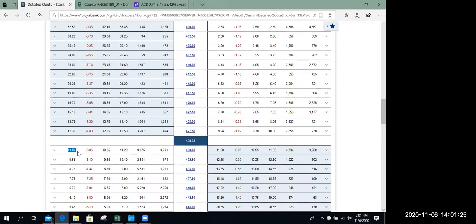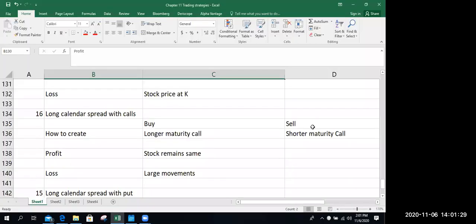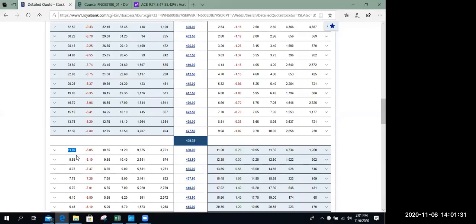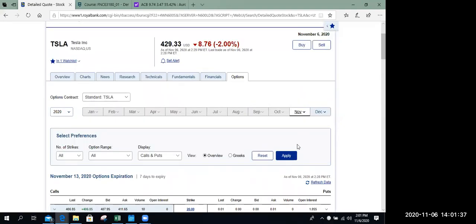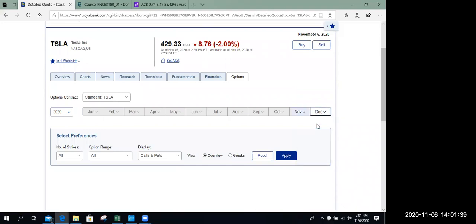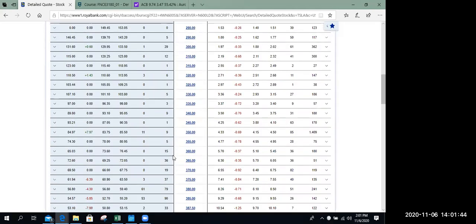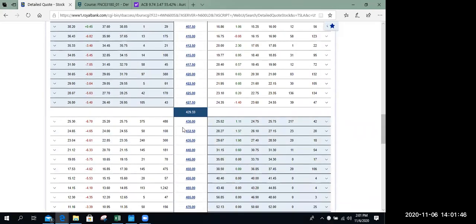So you will go short on the shorter maturity call. So the November call, you will short at 11 bucks. So you'll get paid for that. And the December call, you go long at the same strike price, again at 430.